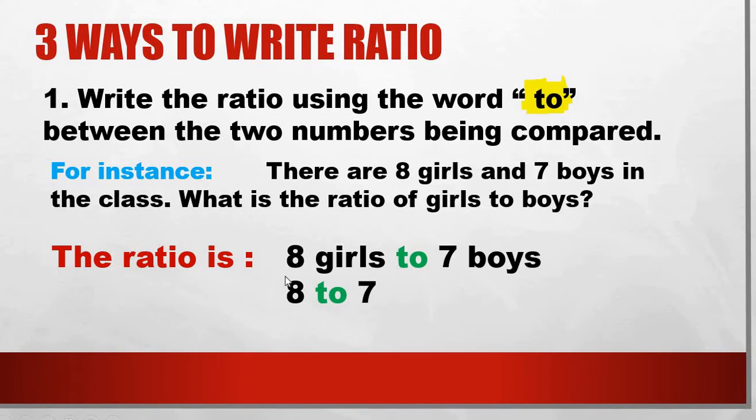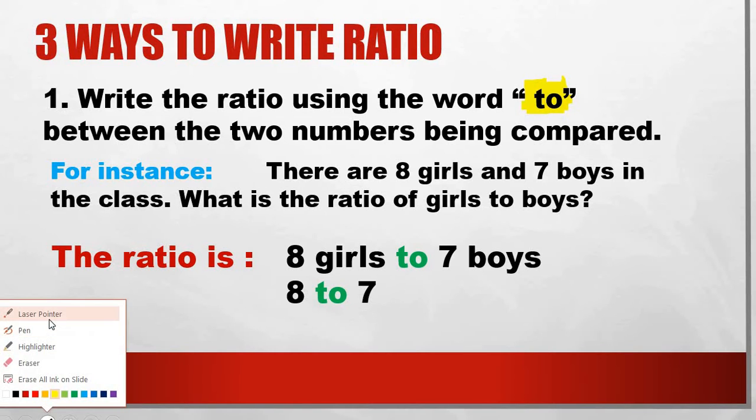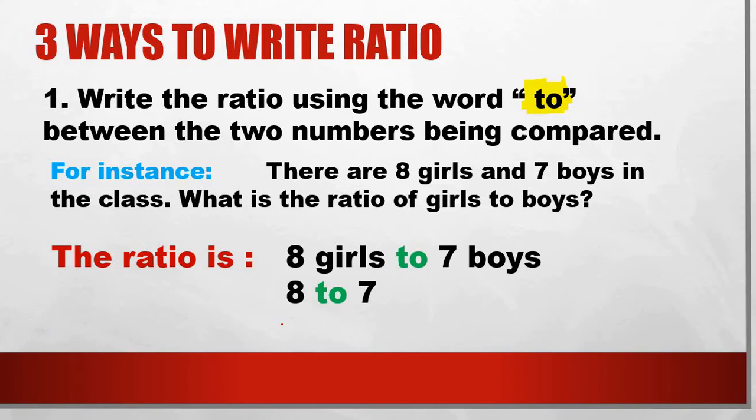Here I use "to": 8 to 7. The number of girls comes first, and then that of the boys is second. Is that clear?